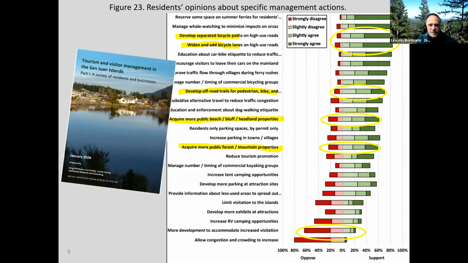And this is what it showed us, that there's a lot of support for things like paths and bike lanes, but also significant support for acquiring more public land for a variety of purposes. So beaches, forests, places to go and hike, etc. Just very strongly supported by the community.